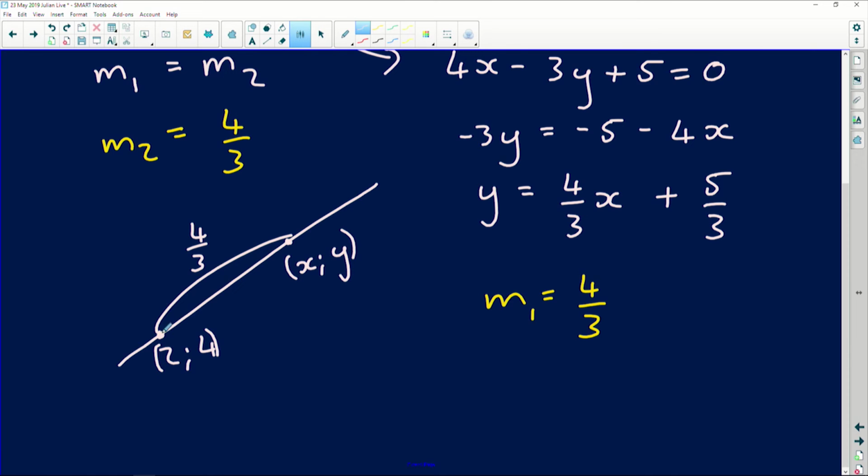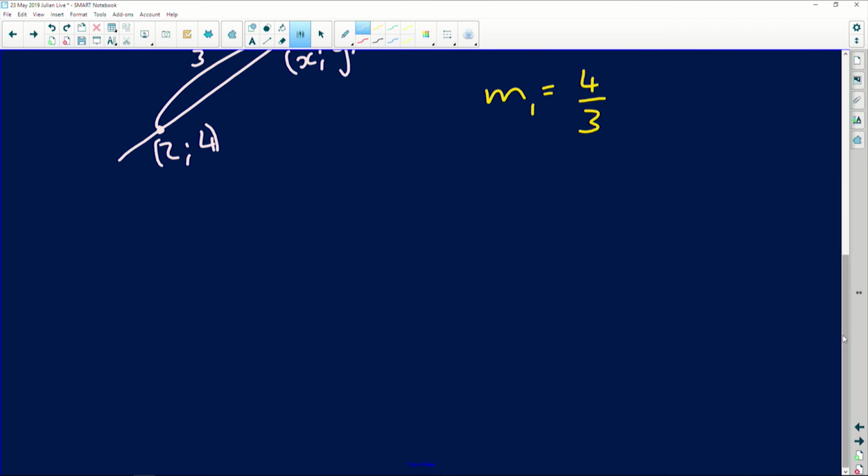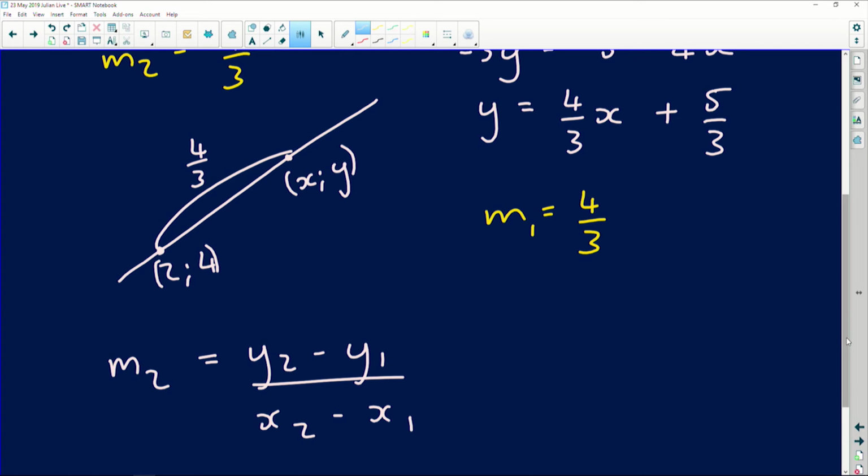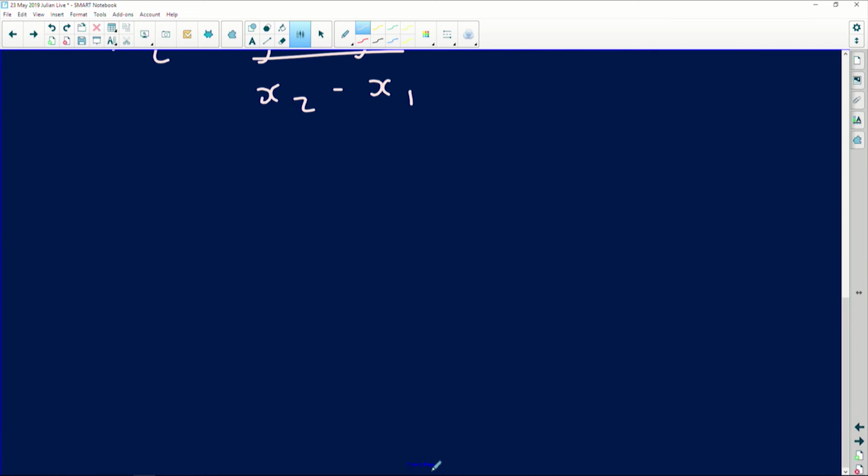So I'm going to use this fact to show you another method of finding an equation of a straight line. My gradient formula tells me that m2, because that's the one that I'm looking for, is equal to y2 minus y1 divided by x2 minus x1. And I've been given the points which we're looking for.